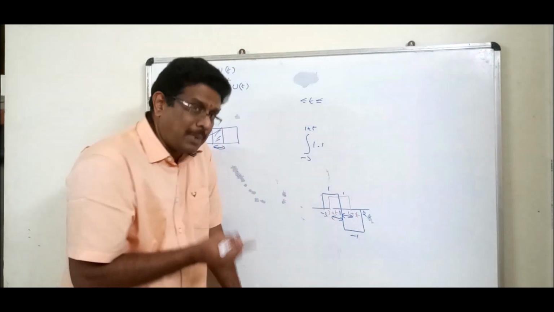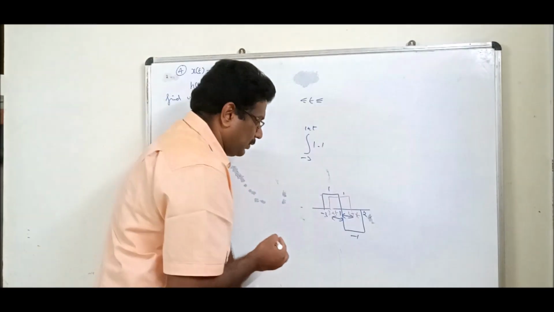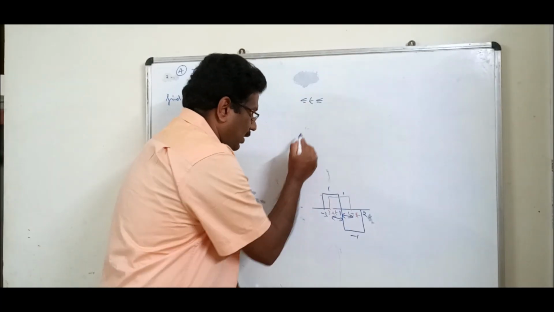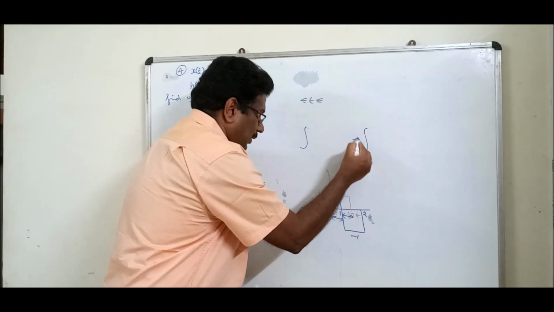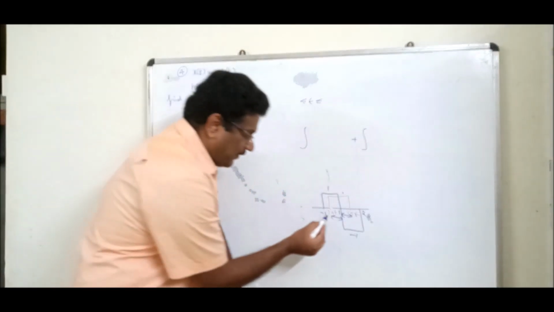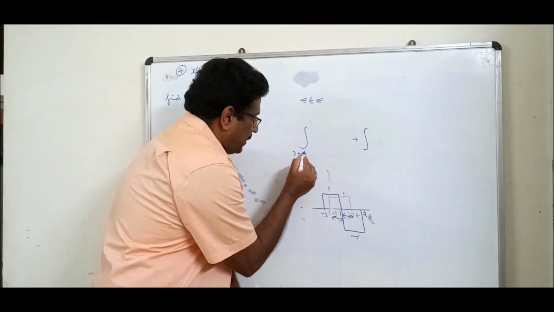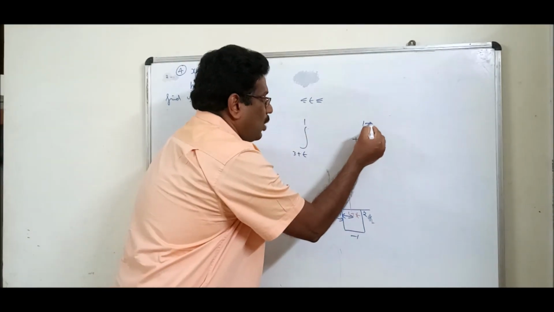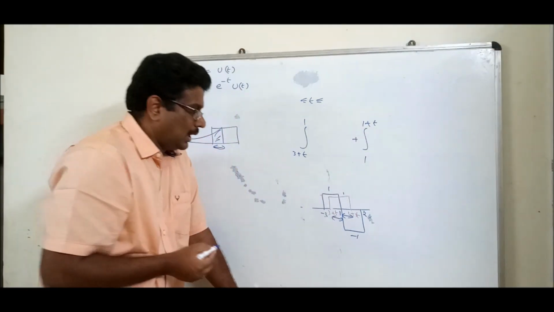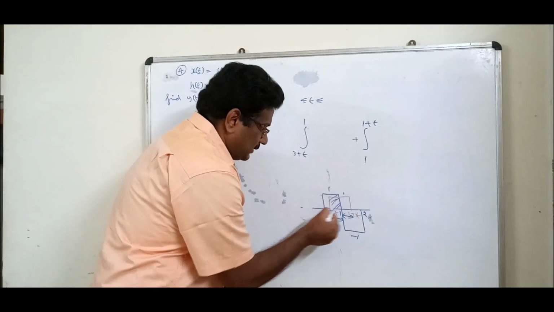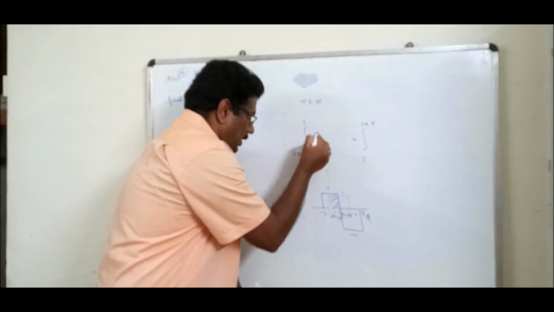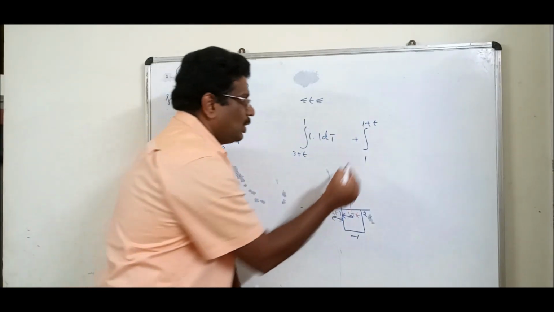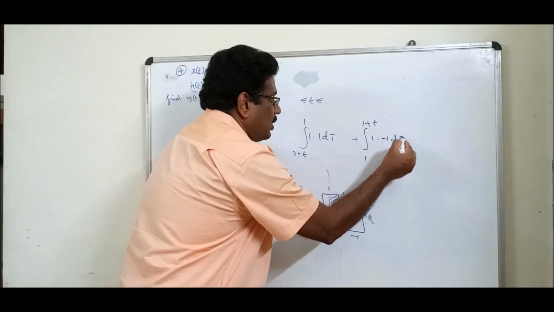What is 1 into minus 1? Minus 1. I will get the amplitude answer. So under that situation, when you do integration, be careful. You should do double integrations. First range, 3 plus t to 1. Second range, 1 to 1 plus t. In the first range, 1 into 1 d tau. In the next range, 1 into minus 1 d tau.